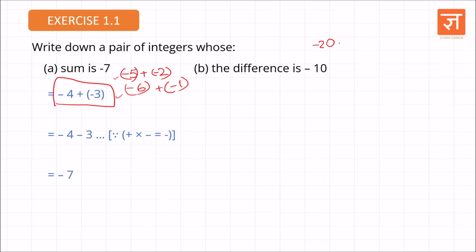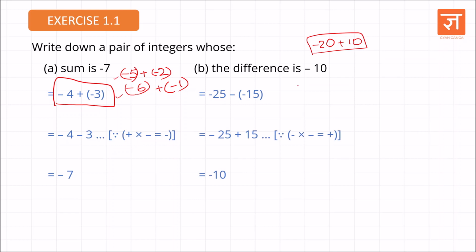Or this one also is correct. The basic thing is that the difference must come to minus 10. Minus 25 minus 15 or minus 25 plus 15. Why did we take minus 25 here? Because 25 is greater than 15, having the minus sign, so where will our result come? It will come in the negative. Do you understand how to find it out?